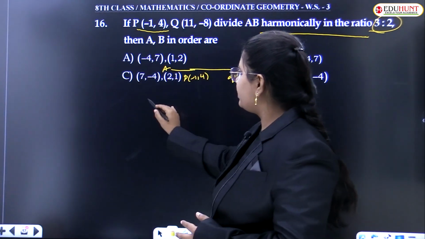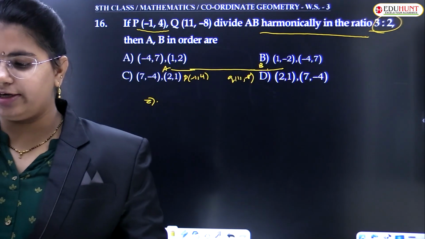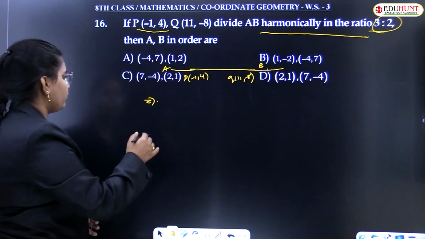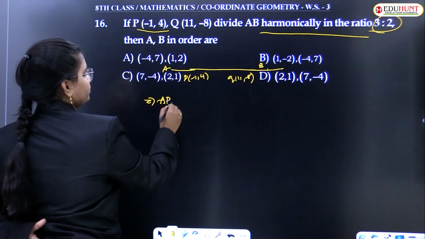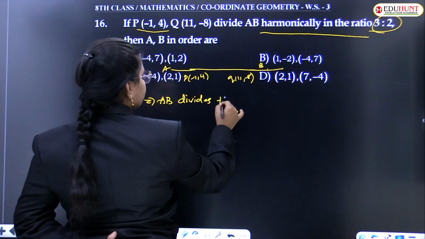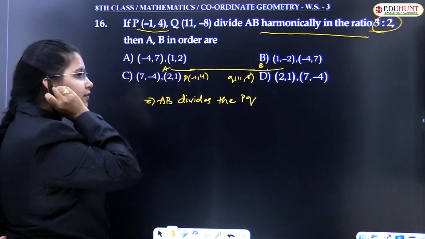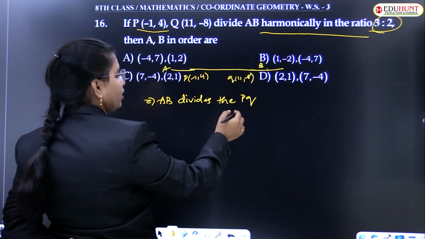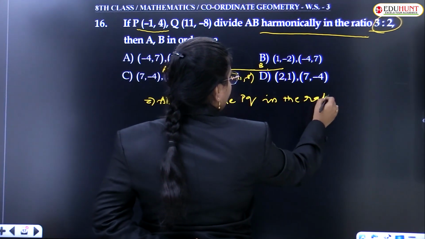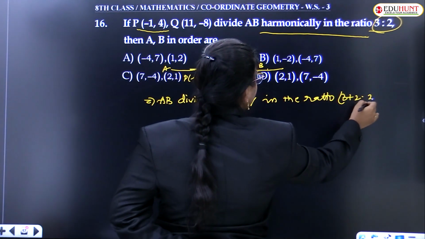So let's start the problem. How is AB being divided? AB divides PQ in the ratio 3 plus 2 and 3 minus 2.